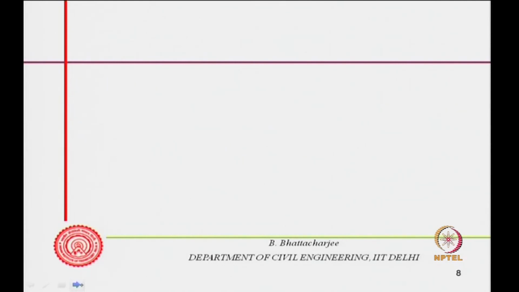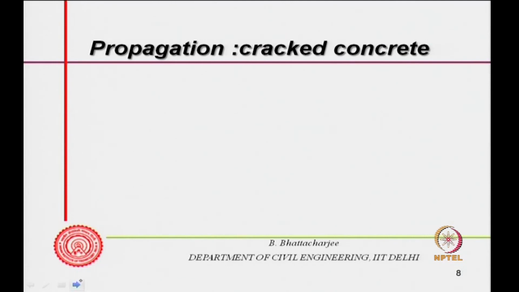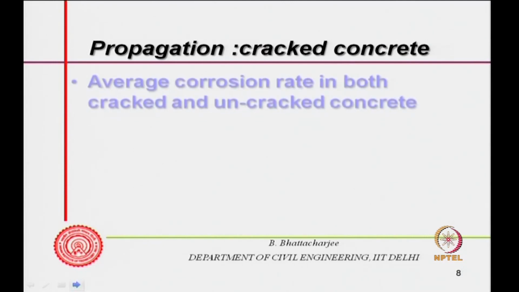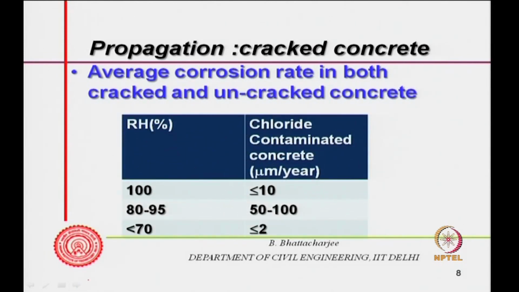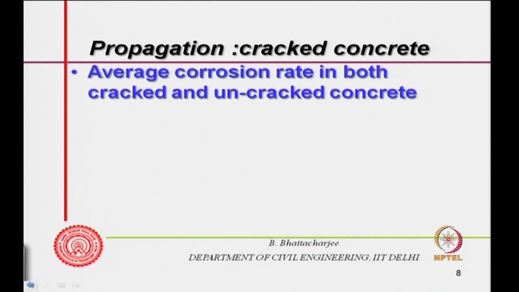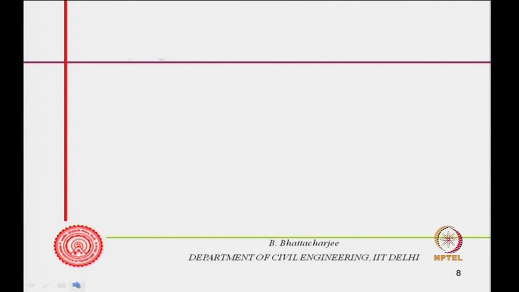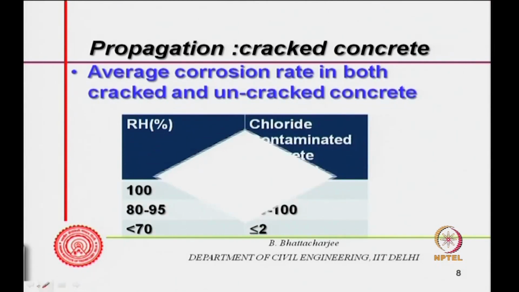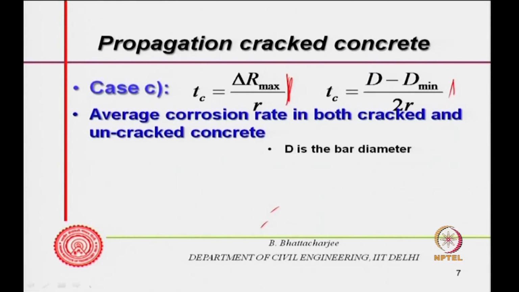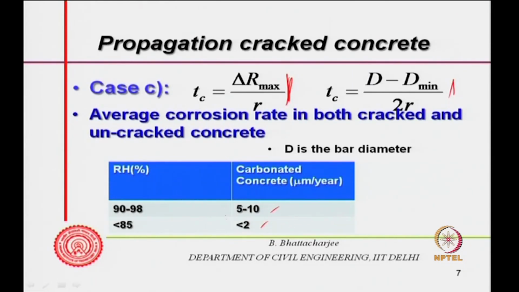So, these three empirical equations are given, but let us understand the average corrosion rate in both cracked and uncracked concrete for relative humidity. For chloride contaminated concrete, these values are given, the average corrosion rate. So, this is also given, in terms of average corrosion rate in carbonated concrete, sorry, this is for chloride, and this is for the carbonated situation. The average corrosion rate is given here, and time is given by this formula, where R you can determine from this.